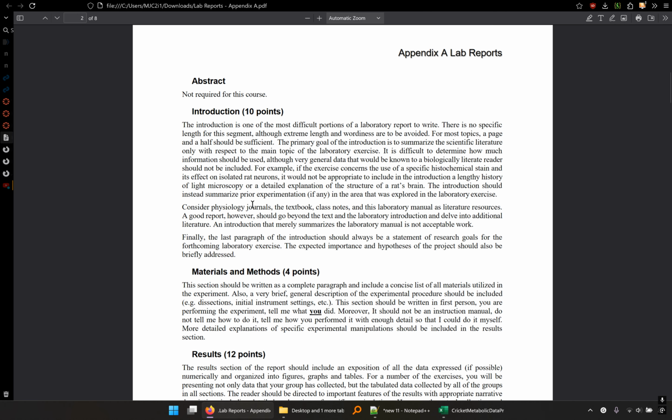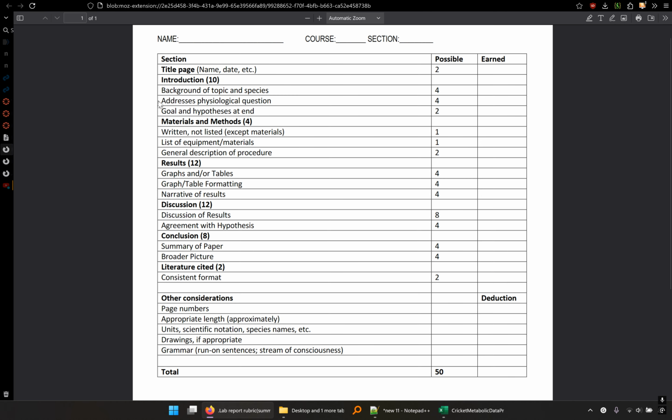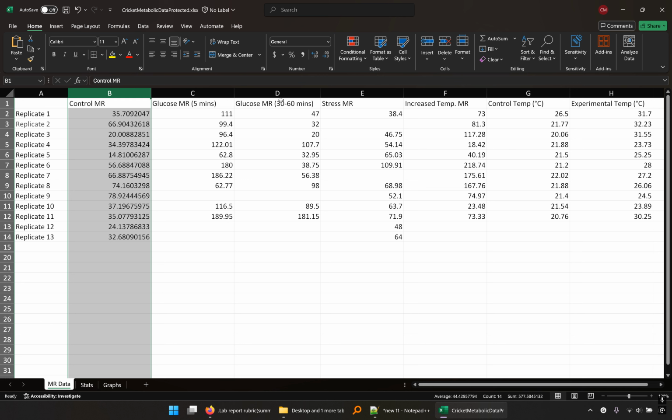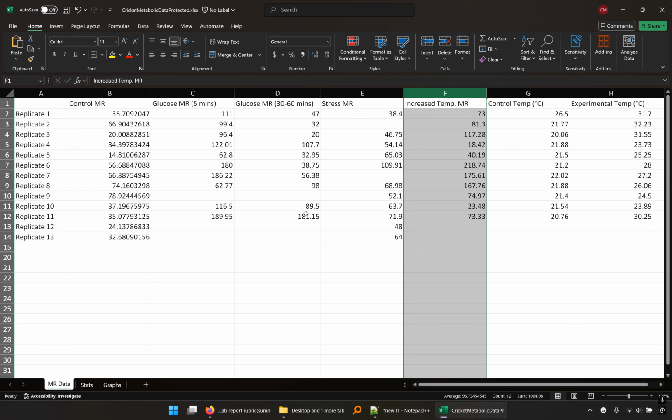The physiological question itself is going to be going over your actual hypotheses. So there are three main experiments in this lab report. You're going to have your control versus glucose at two different time periods, control versus stress, and control versus increased temperature.